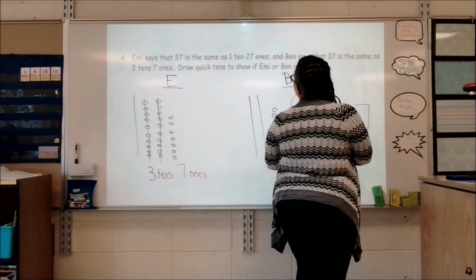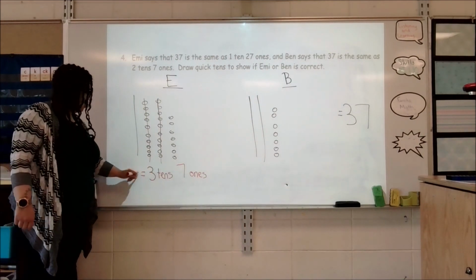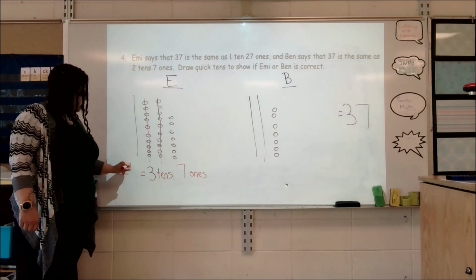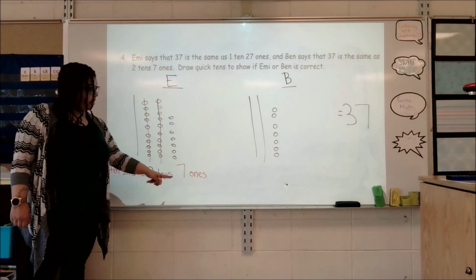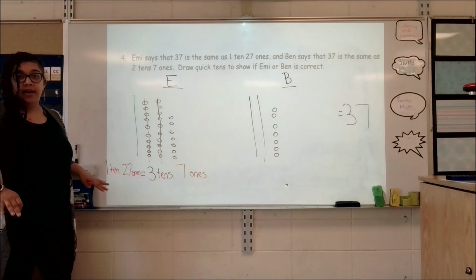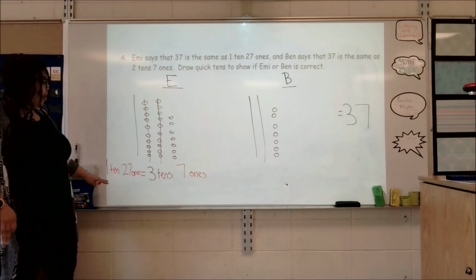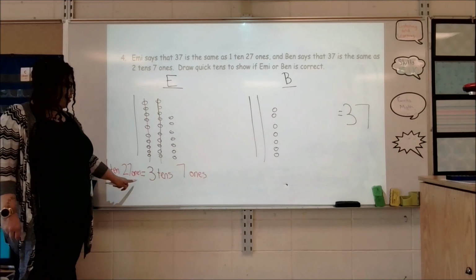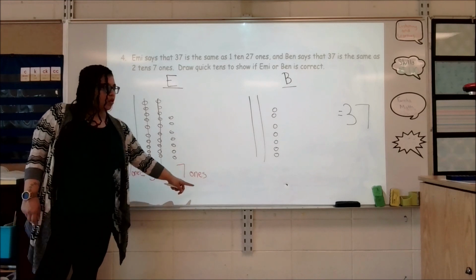Because Ben told us, so for Emmy, we have agreed that 1 10 and 27 ones is equal to 3 tens and 7 ones. Are we in agreement on that? Yes, we're in agreement. So read this number sentence. 1 10, 27 ones is equal to 3 tens, 7 ones.